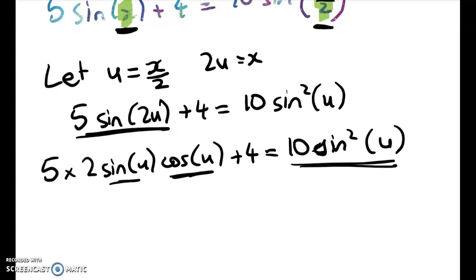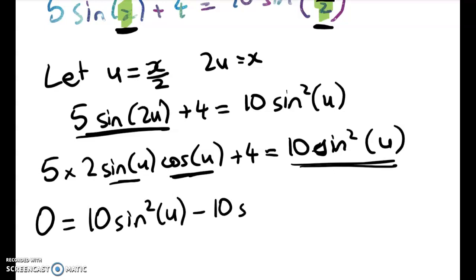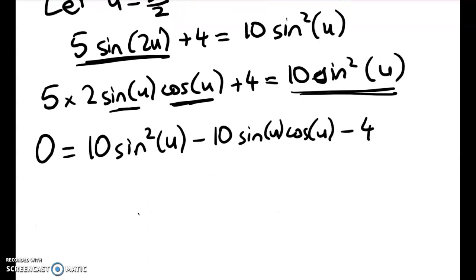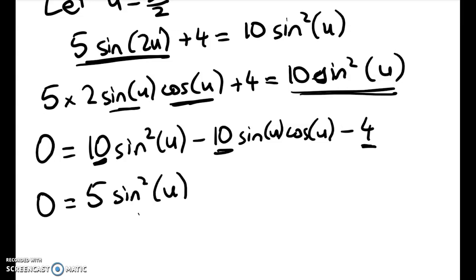But I can spot that I'm heading for a quadratic, so I'm going to start by saying 0 is equal to 10 times sine squared u minus 10 sine u cos u minus 4. I've got a common factor of 2 in each of these terms, so we'll divide through by that, and we get 0 equals 5 sine squared u minus 5 sine u cos u minus 2.